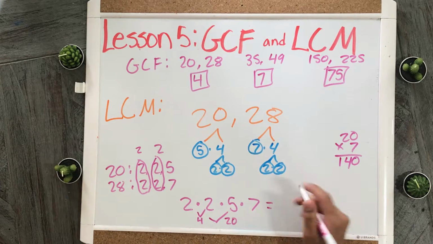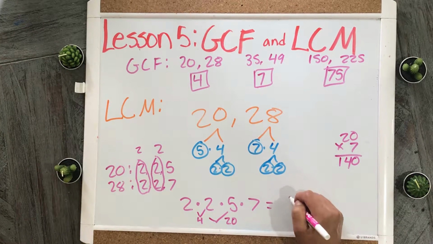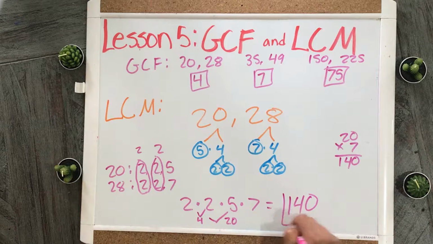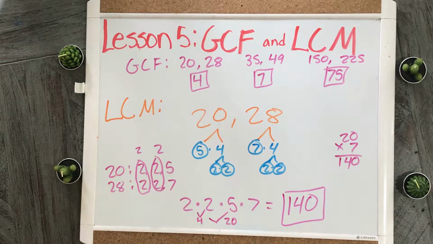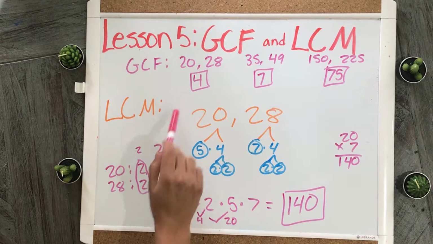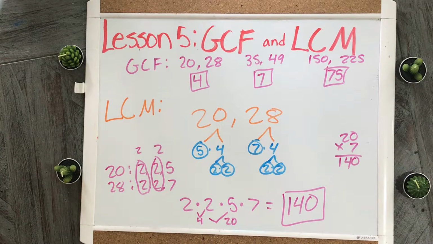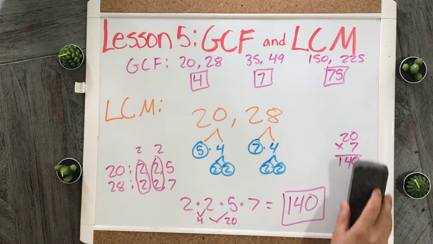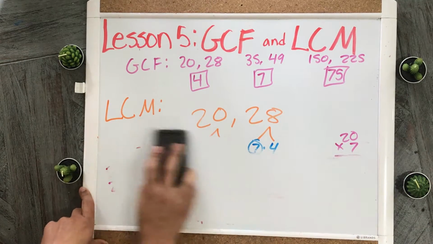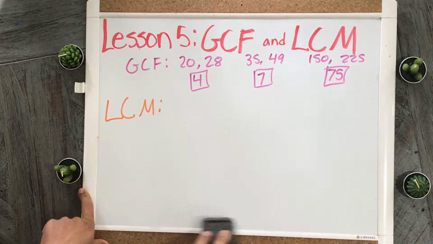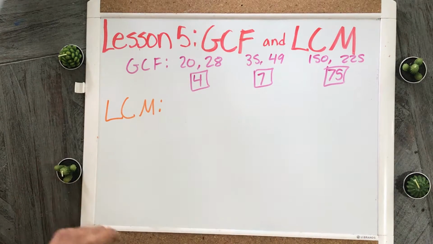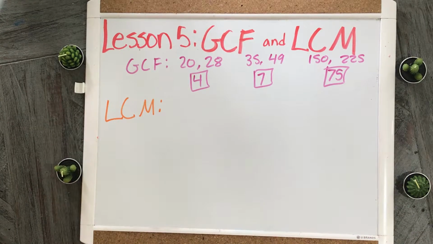So our least common multiple is 140. Alrighty, remember, it's going to be a larger number. So the least common multiple of 20 and 28 is 140. Alright, make sure you have that down. Let's try the pair 35 and 49 now. Okay, let's see.